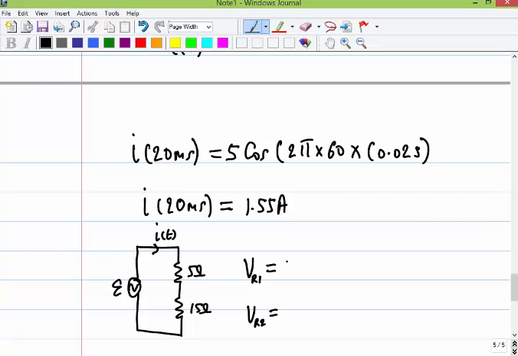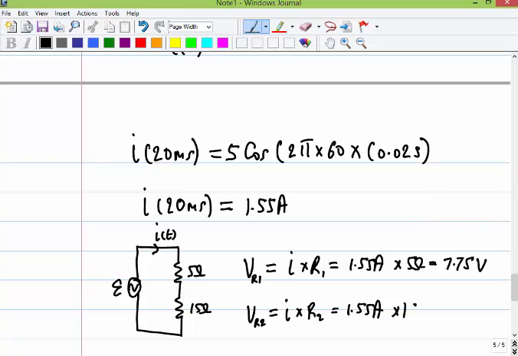7.75. Yeah. Okay, so it's going to be the instantaneous current multiplied by the resistor. So it's going to be 1.55 multiplied by 5 ohms. So you said 7.1? 7.5 volts. And then the same thing applies here. This is R1, R2. So it's going to be 1.55 multiplied by 15 ohms.